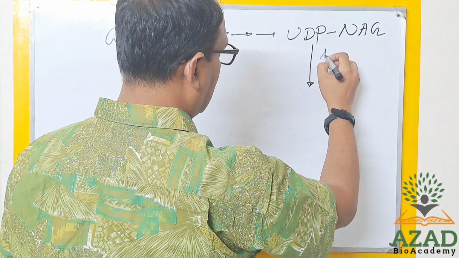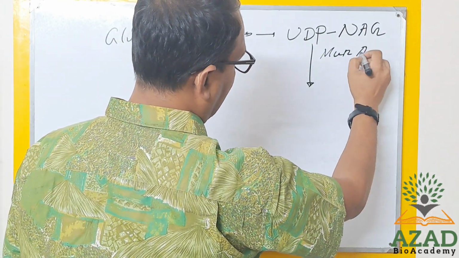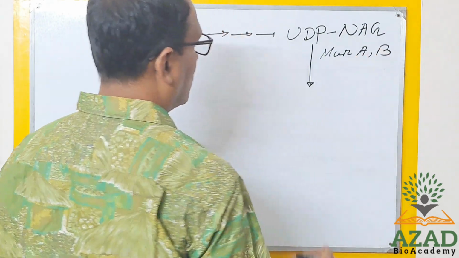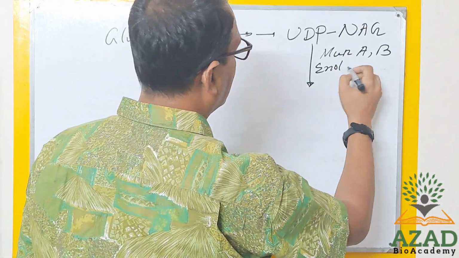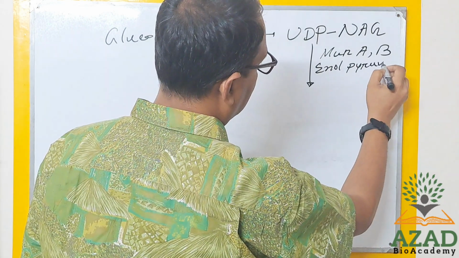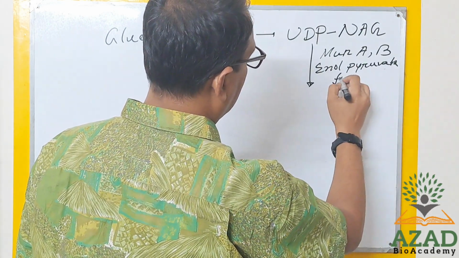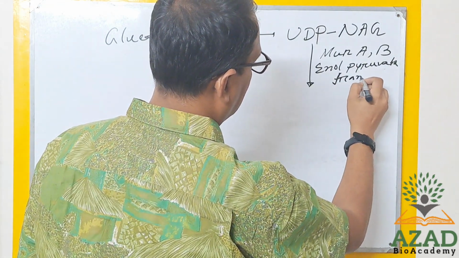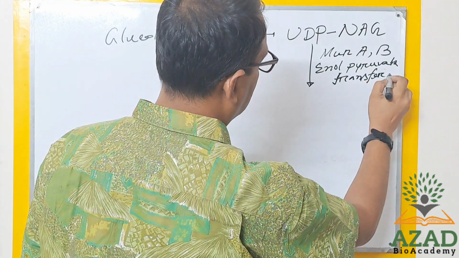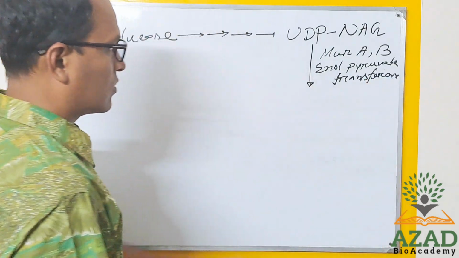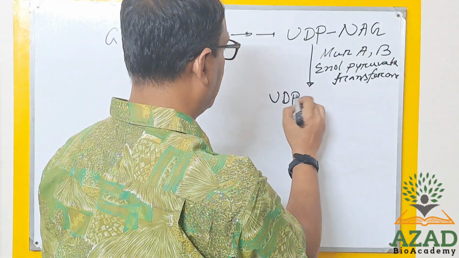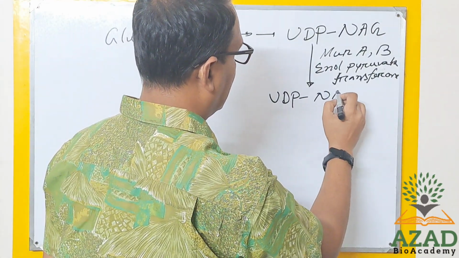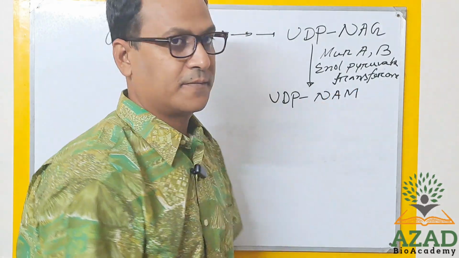That enzyme is MurA, or another name is enolpyruvate transferase. That enzyme will work on it, and it will turn into UDP-N-acetylmuramic acid.